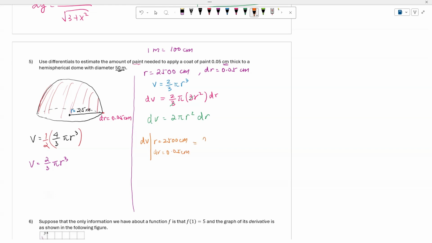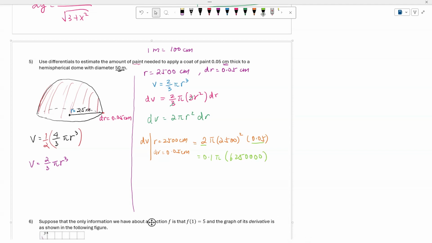So I will have 2 pi times 2500 squared times 0.05. Now I have 2 times 0.05, which is 0.1 pi. And then 2500 squared is 6,250,000.